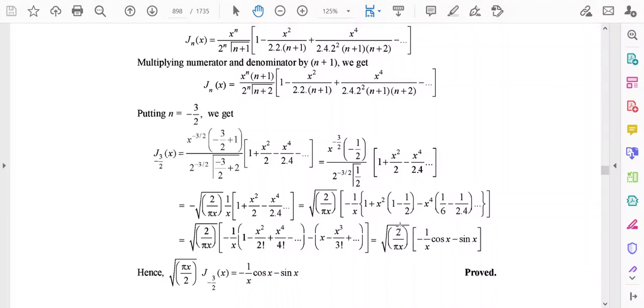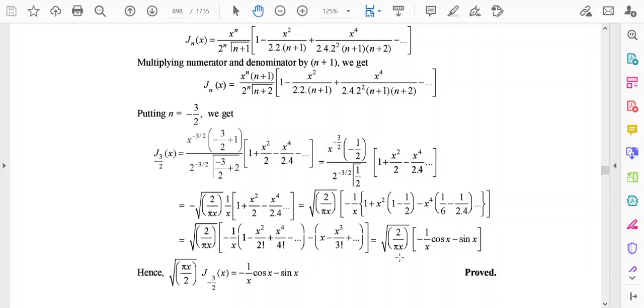In that way we have to rearrange this series. This series will be divided into two separate series, one for cos x and another for sin x. So that is why we have proceeded in this way.